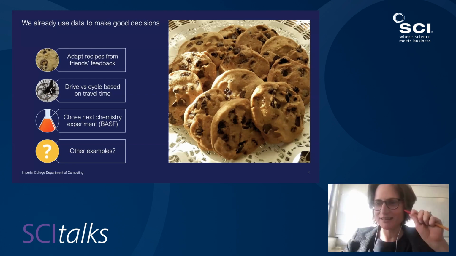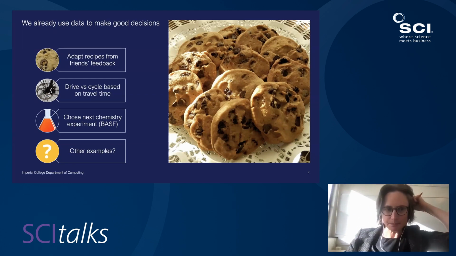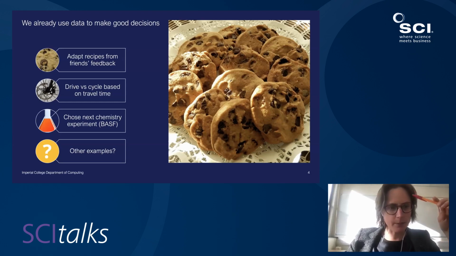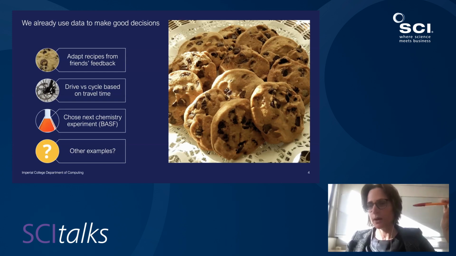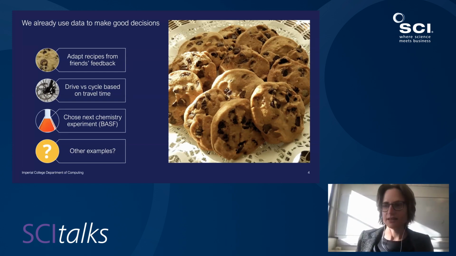If you're annoyed at a cyclist in London, it might be me. Another thing we might think about when using data to make good decisions is whether I'm going to drive or cycle based on travel time. Maybe my cycle takes slightly longer, but I get some nice exercise in there. So definitely, I use data to make good decisions all the time.